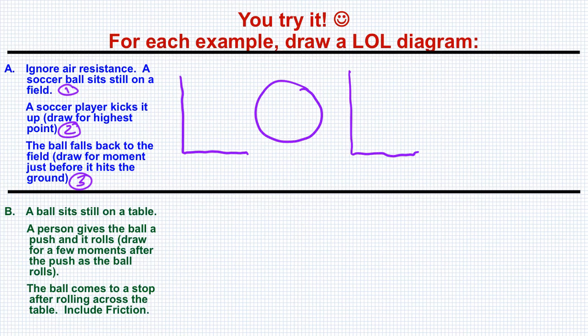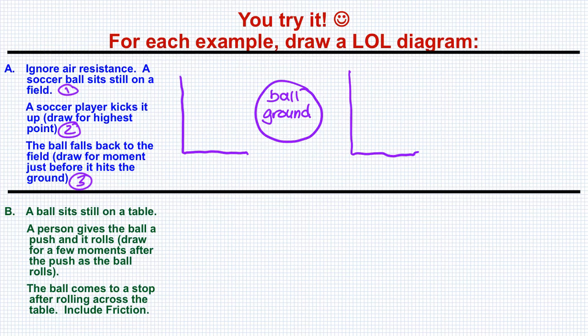And I need to take a moment here and think about what objects are in my system. So in my system, I'm going to have the ball. I'm going to have the earth or the ground. And I could put the foot in the system, the soccer player could be in the system or outside the system.